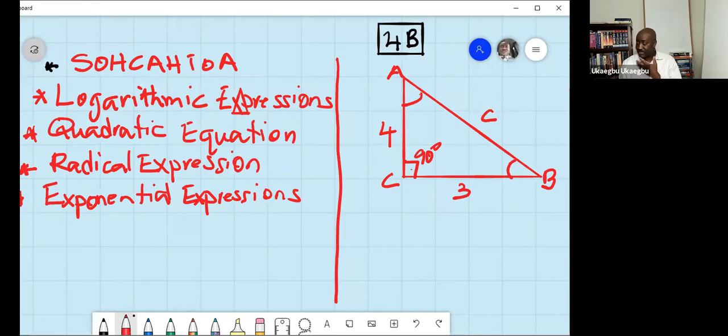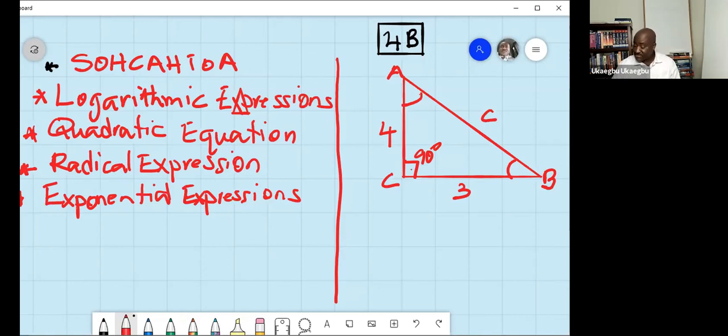All right. Now, as far as Sohcahtoa is concerned, what that thing is saying is that every triangle, as long as it is a right triangle, has a longest side.